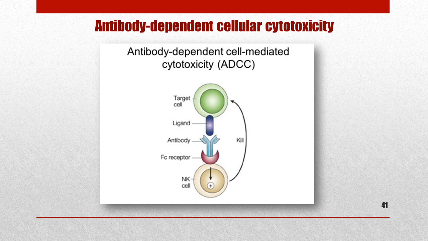So antibodies serve as sort of bridges between target cell and effector cells. Effector cells are granulocytes, macrophages, platelets, natural killer cells, lymphoid tissue cells without characteristic markers of T and B cells.